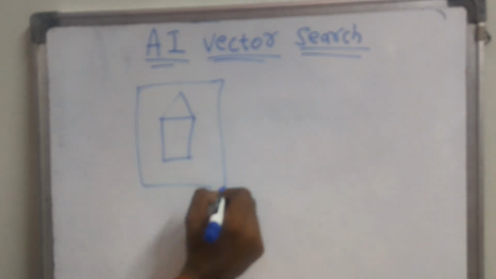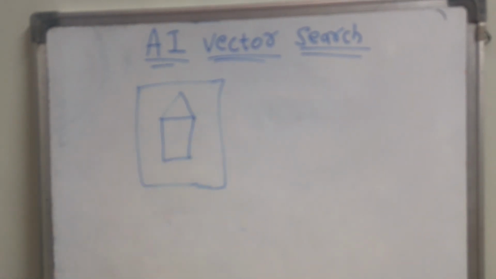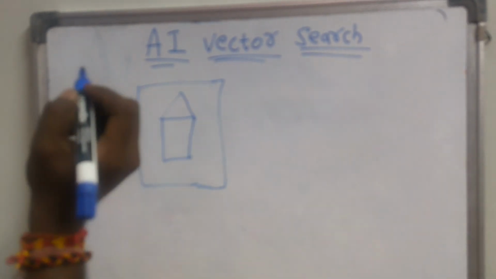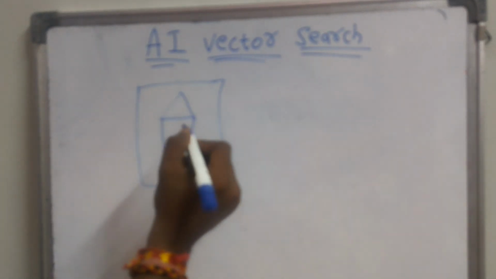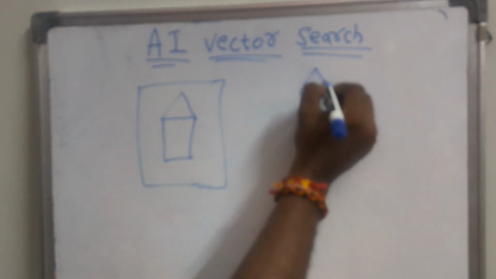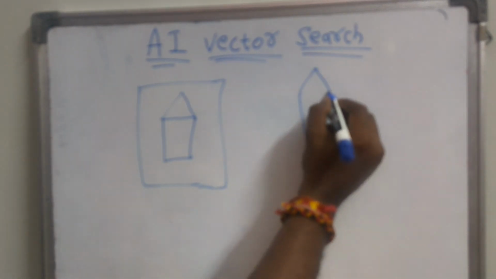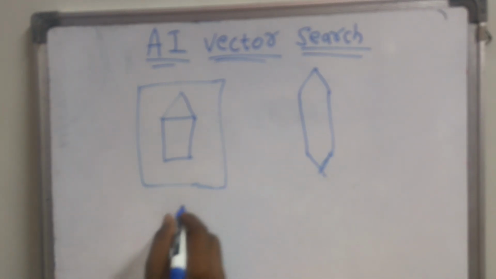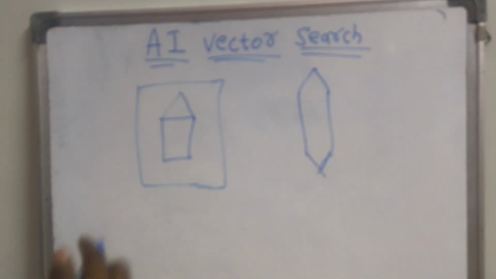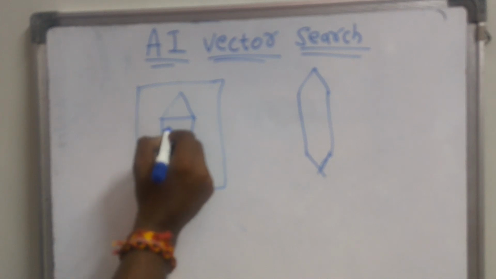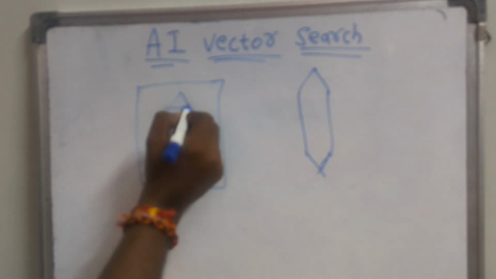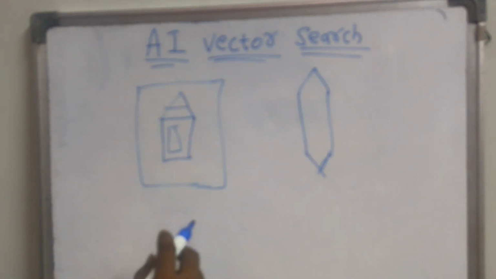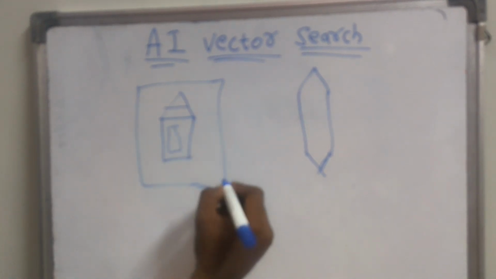Internally, for a house, we have different types of attributes, properties, or features. So for a house, we have different representation features, for example the type of roof.